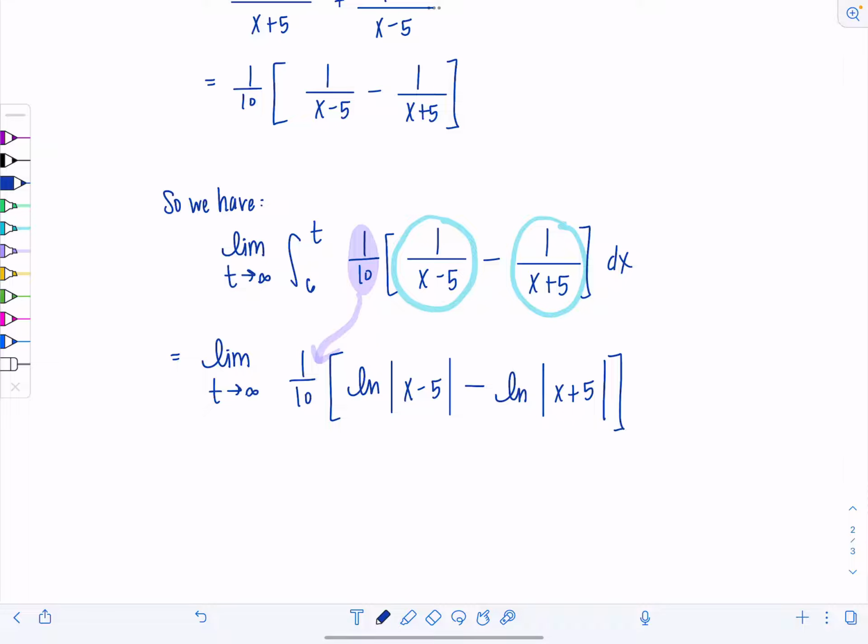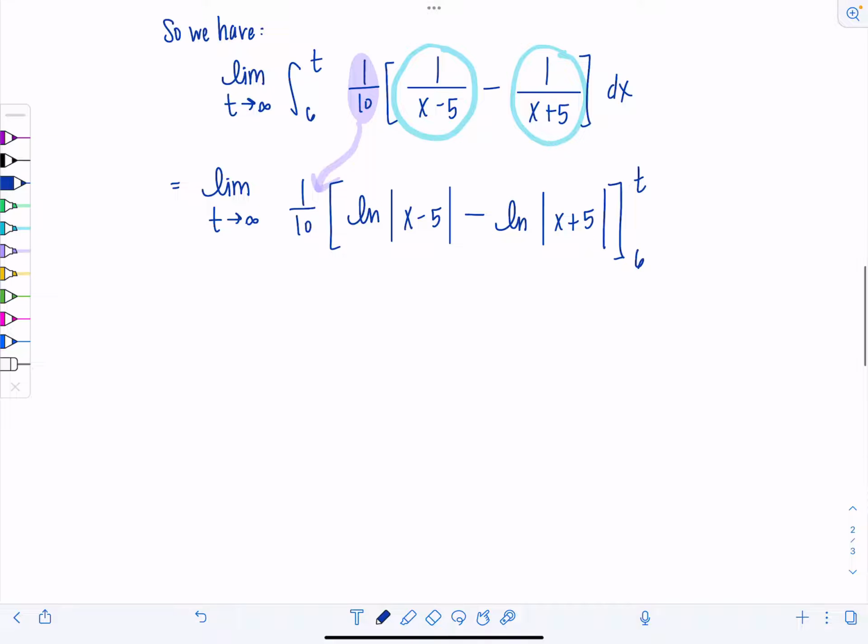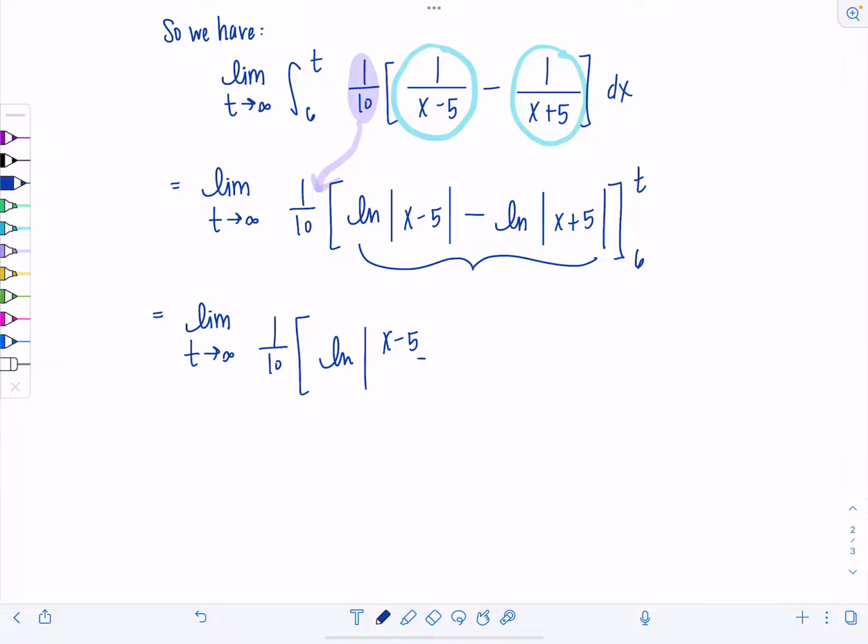And this is all getting evaluated from 6 to t. Very good. Okay, let's see here what we've got going on. I can use my log properties to combine these into a single logarithm. So let's go ahead and do that. We've got the limit as t approaches infinity of 1/10 ln absolute value x minus 5 over x plus 5. And this is evaluated from 6 to t.